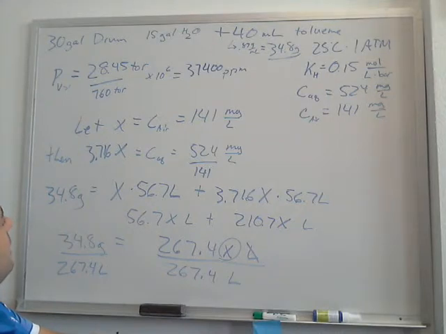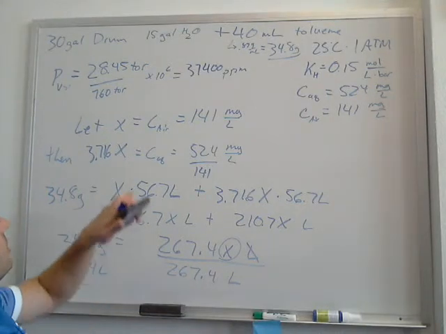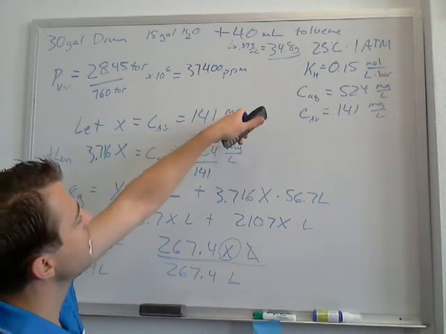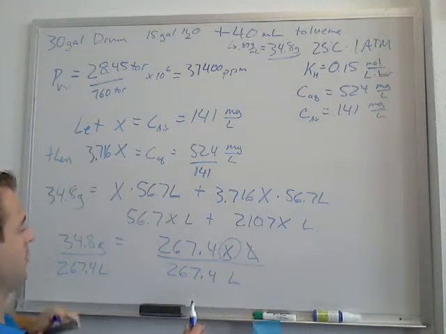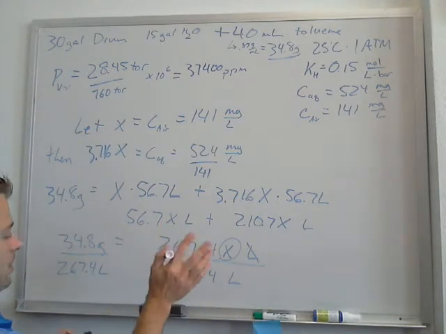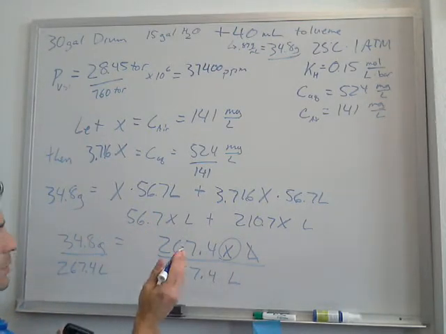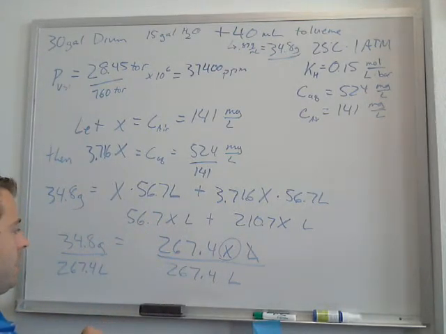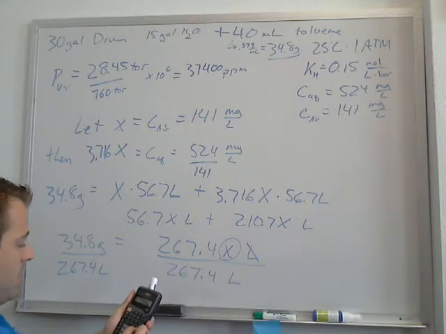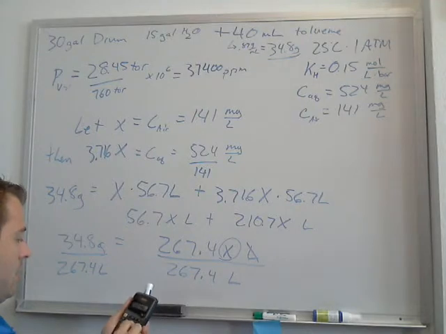Now we said let x equal the concentration in air, and here we have it expressed in grams. That's not going to affect anything. But if you're upset about that, then you can go ahead and convert your grams into milligrams, so it'll work out into the right units initially. But let's just do that real quick. 34.8 divided by 267.4.